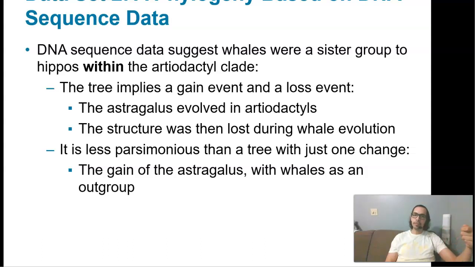It was reduced. Even though it is less parsimonious, because remember parsimonious means the simplest explanation. So the fact that there's a gain of the astragalus with whales, and then a loss, it makes it less parsimonious.